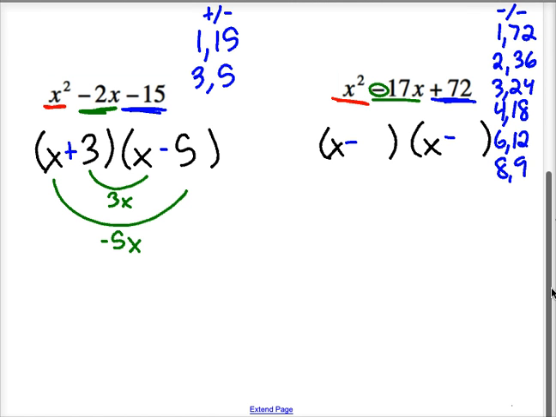So now I need to find which pair in that list add to negative 17. Well, if both of them are negative, that's going to be those two, because you get a negative 8x, a negative 9x, and those combine to give you a negative 17x.